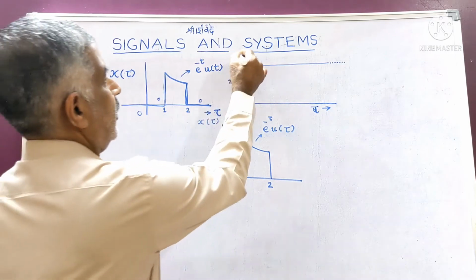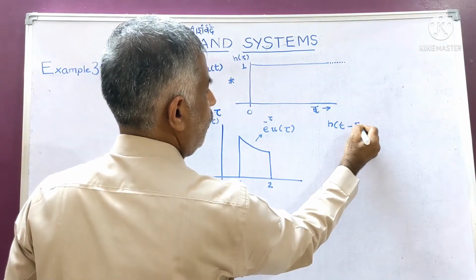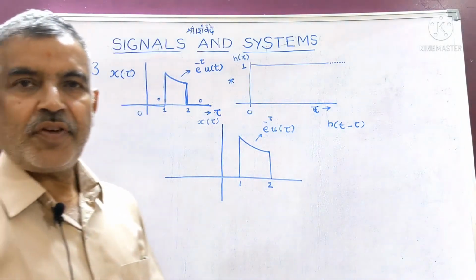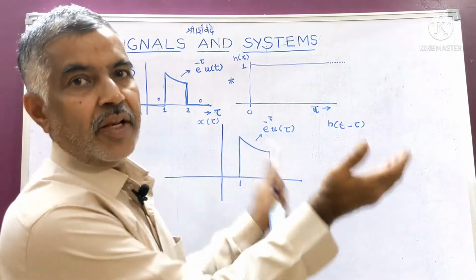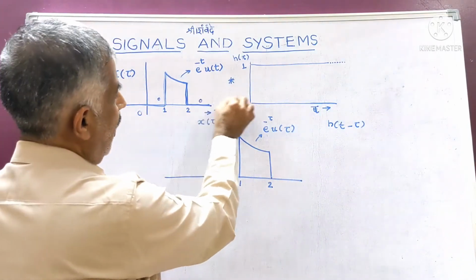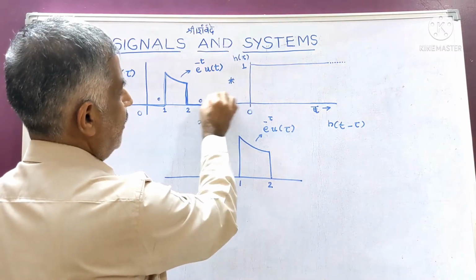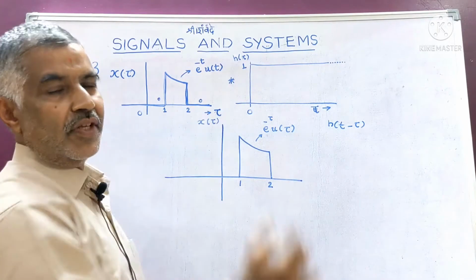Now I have to get from this graph h of t minus tau. To get h of t minus tau, as I said, first take the mirror image, that is, reflection. Suppose on this side also a waveform is there, it comes to this side, and the waveform on this side comes to this side.